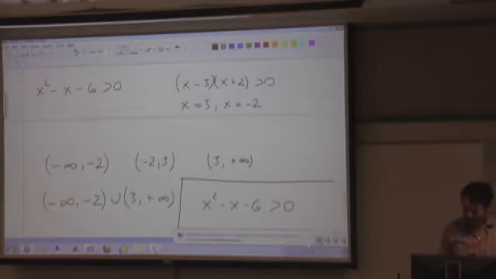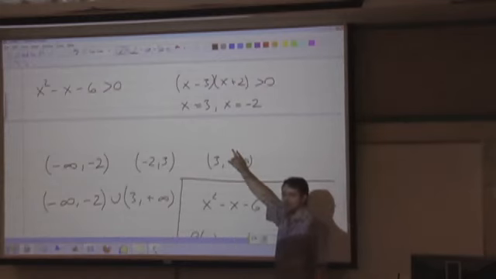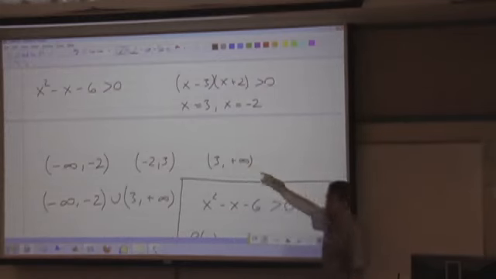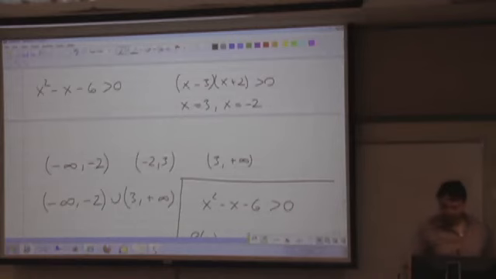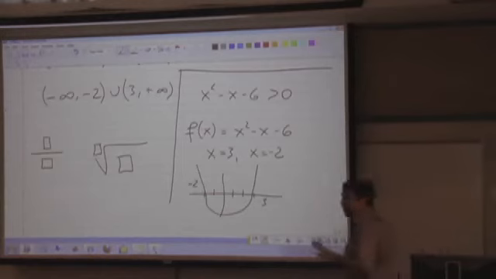We just solved them right there. What are these called? The x-intercepts, right? So sketching my graph, and I don't necessarily know how accurate it is, if this is negative 2 and this is 3, then my graph is going to look like that. Everybody understands this? I don't have to be very accurate about it.